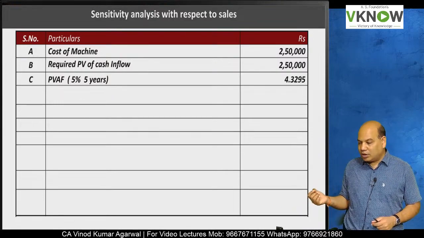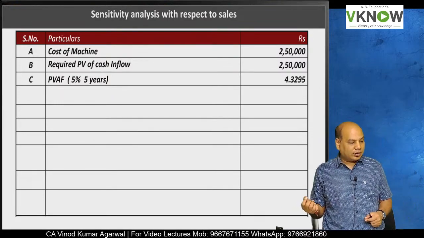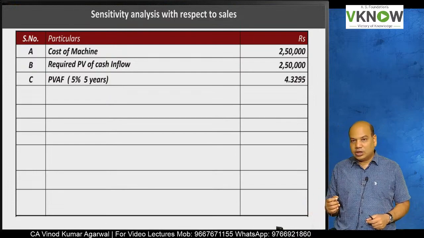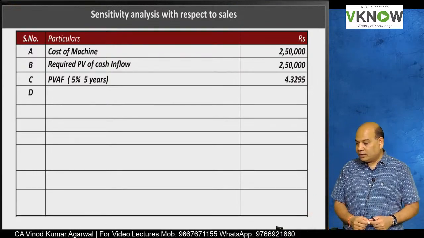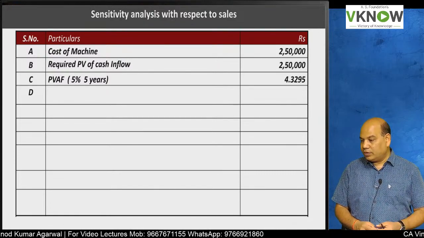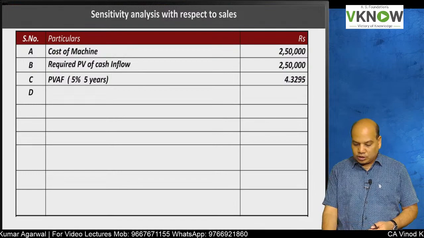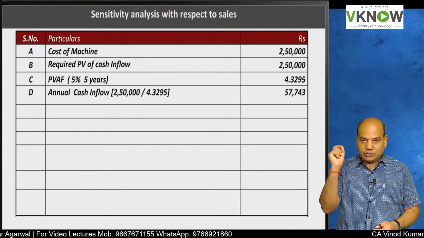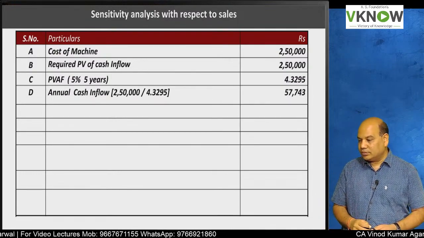Write down PV annuity factor 5% 5 year. Already we have computed that. 4.3295.